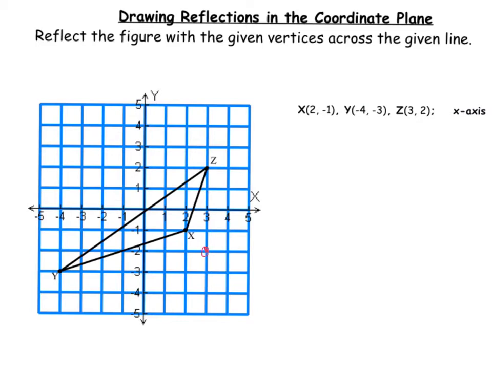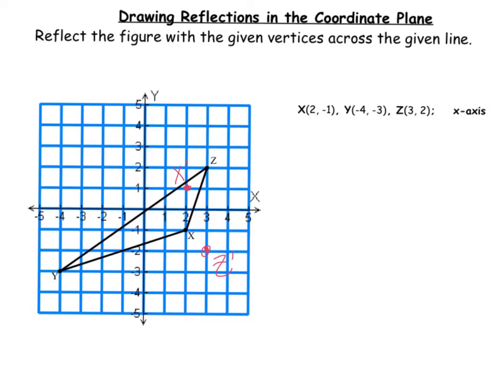And we're going to label it Z prime. Any new points have to be labeled with that prime. Now we're going to do the same thing for X, and we realize our X is 1 place below the x-axis, so we're going to put our point 1 place above the x-axis, and we're going to label it X prime.